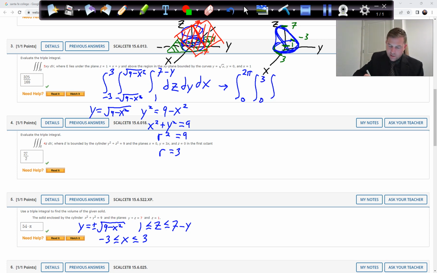Now the hard one is z. Z is going to go from 1 to 7 minus y, but y is really r sine theta, and we know r is 3. So we're going to call this 7 minus r sine theta.